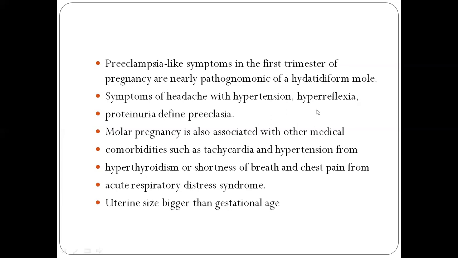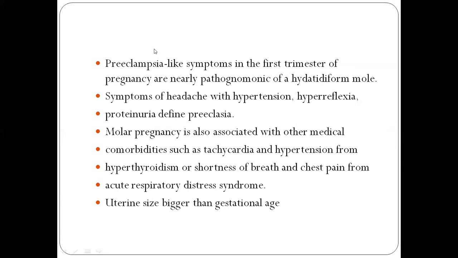Sometimes they can have thyroid-toxic-like features because of the similarity of beta-HCG and the thyroid-stimulating hormone. So they might have tremors. They have high blood pressure in the first trimester of pregnancy.